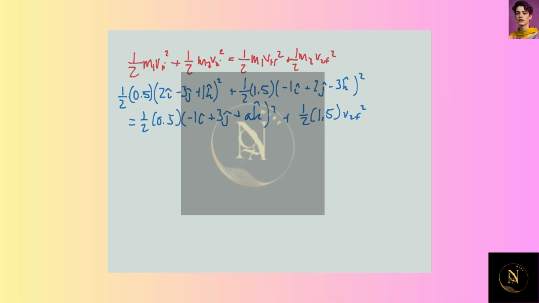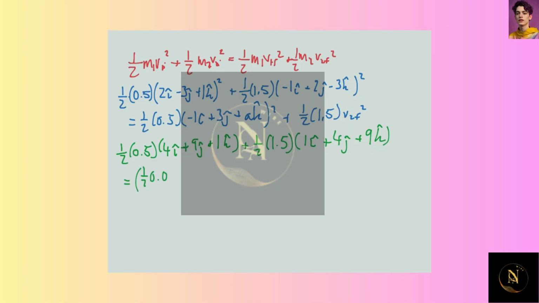So we end up with something that looks actually not too bad. 1/2 of 0.5 times 4i plus 9j plus 1k, plus 1/2 times 1.5 times 1i plus 4j plus 9k, which is equal to 1/2 times 0.5 multiplied by 1i plus 9j plus a squared k, plus, of course, 1/2 times the 1.5 times v2f squared.